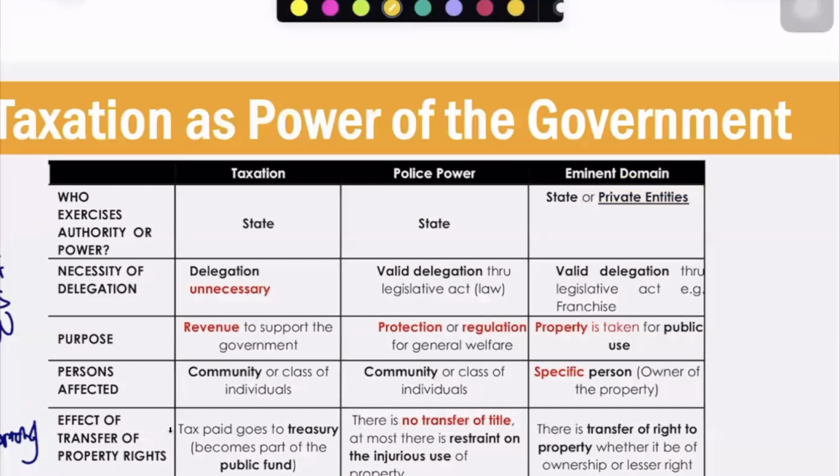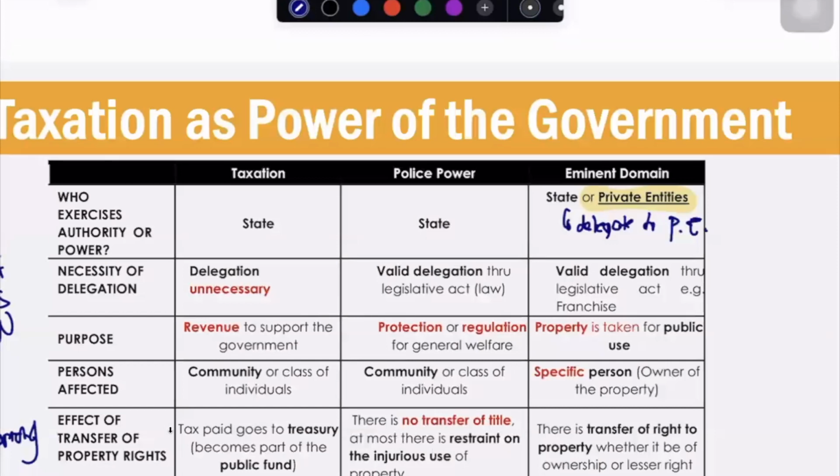So in short, we can delegate the power of eminent domain to private entities.